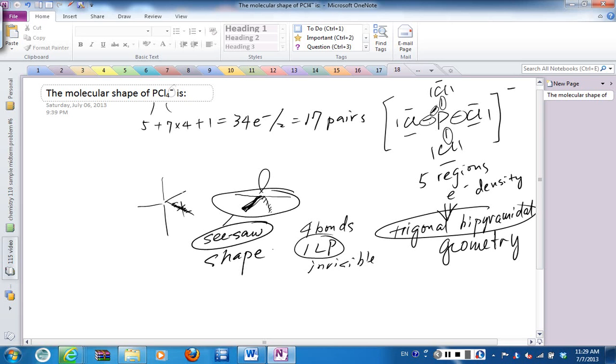So PCl4 negative ion would have a trigonal bipyramidal geometry and seesaw shape. Consider its Lewis structure and its regions of electron density.